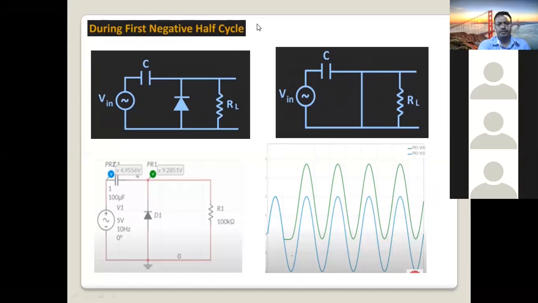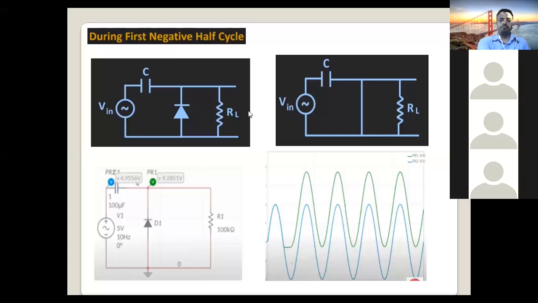On the negative clamper, just flip the diode.